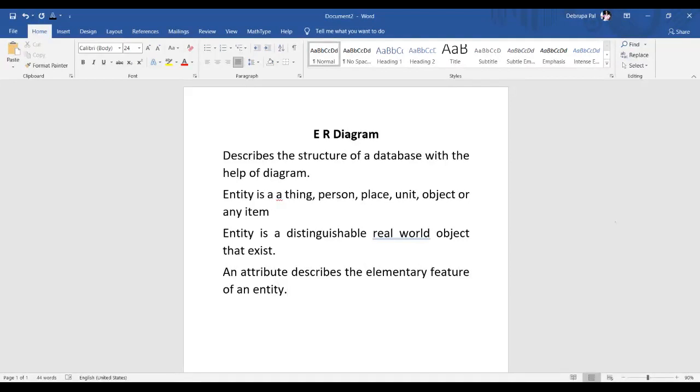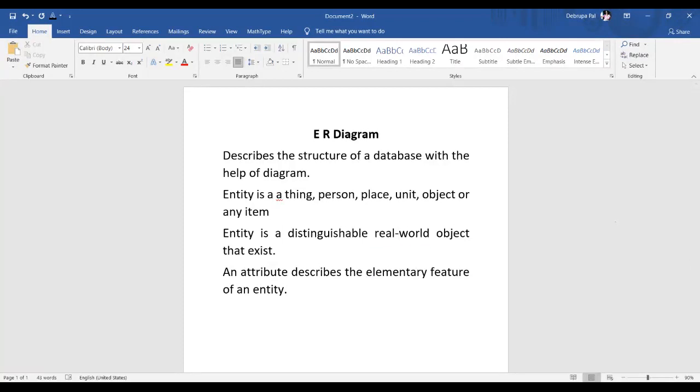Is it clear? An attribute describes the elementary feature of the entity. So this is the definition of an attribute. Like if we talk of student, student has name, roll number, address, phone number, each and everything. So these are the attributes of any entity.